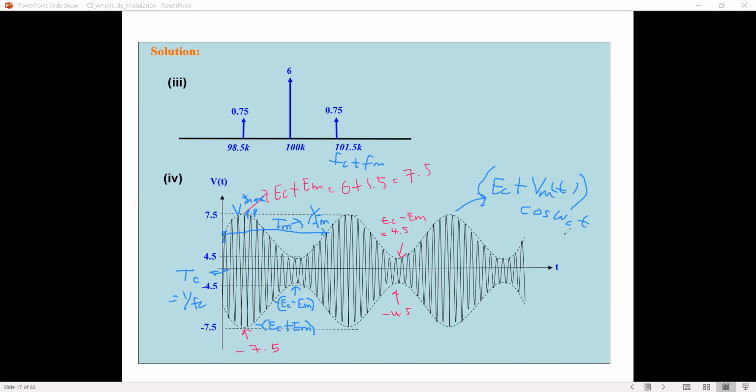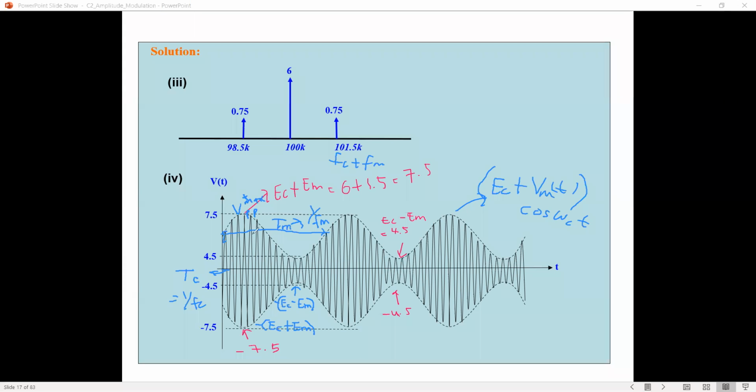So this is the time domain, the AM signal. For example, I don't want to give you direct information on your FC and FM. I will just give you the waveform. You should be able to find FM and FC from this.